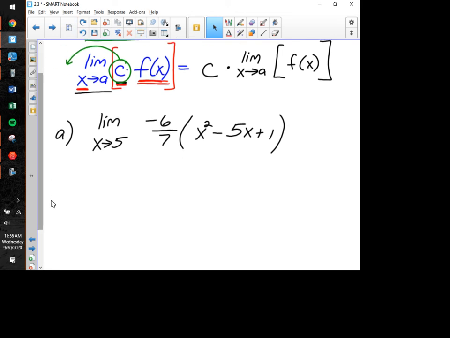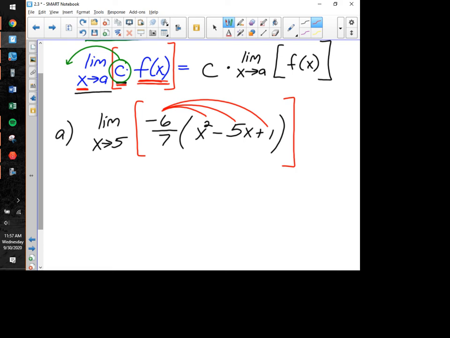The limit as x approaches 5 of something ugly, but a factored expression like -6/7 multiplied by the quantity of x squared minus 5x plus 1. And if you didn't know this particular law, it might be tempting for you to say, all right, that's the function right there in the red brackets that we are taking the limit of, and you might be tempted, everybody, to take that -6/7 and distribute it back into the trinomial and then apply the limit as x approaches 5 after the fact.